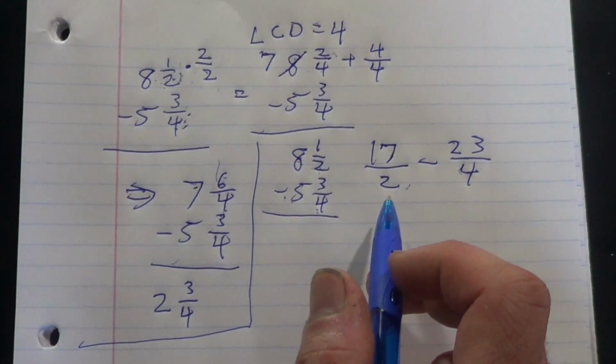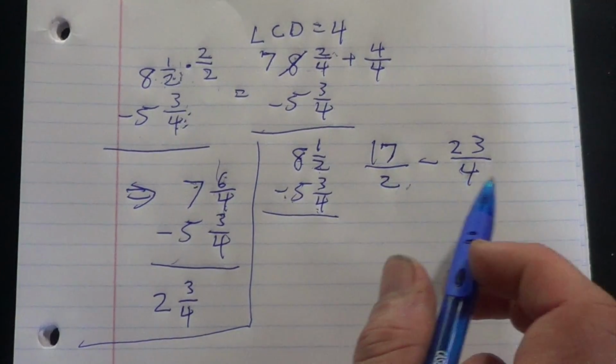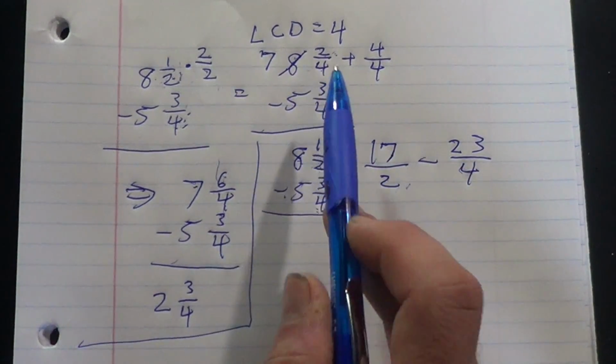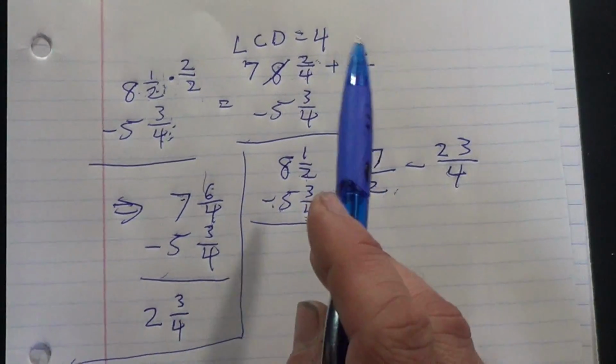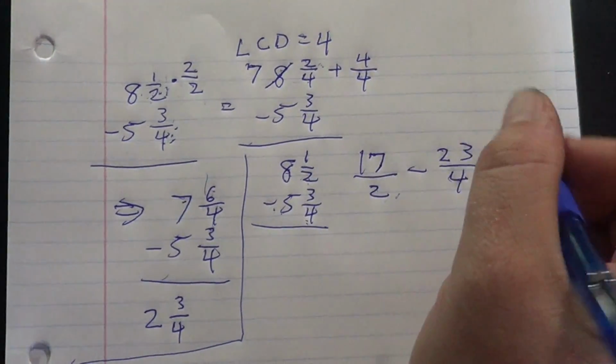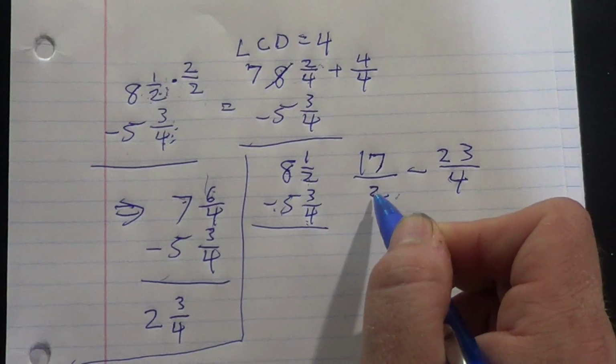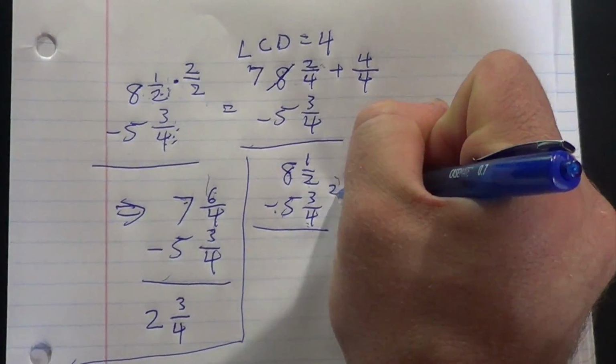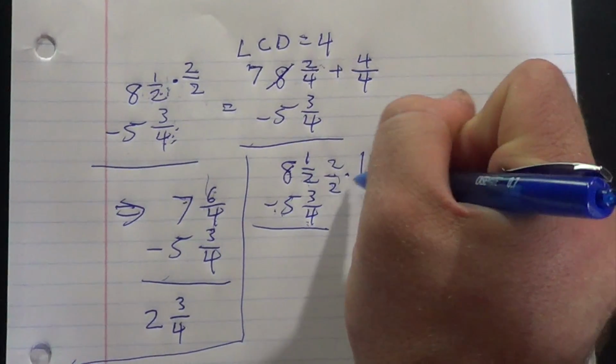So now what we do is we have to find the LCD. And we already previously found the LCD, which is 4. So we're going to go ahead and see what makes this turn into a 4. And we're going to basically multiply by a 2 over 2.